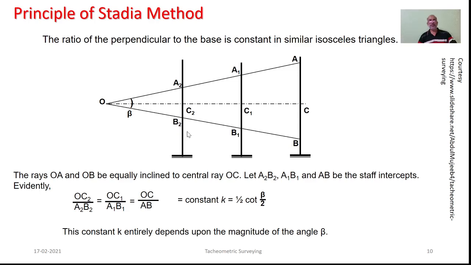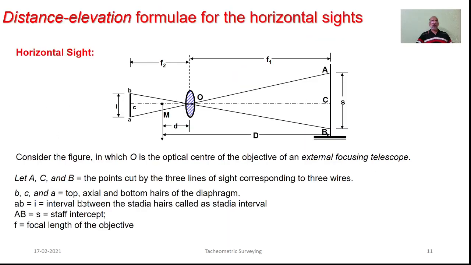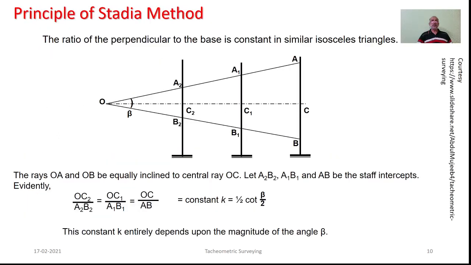As such, the ratio OC2 to A2B2 equals OC1 to A1B1 equals OC to AB.